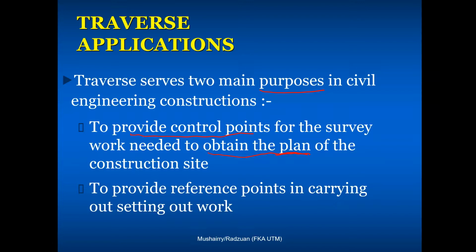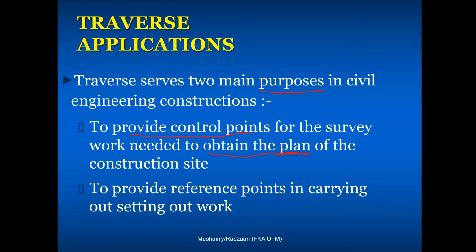So from time to time we need to produce a plan for the area where the project will take place. And before we could provide the plan, we have to provide control. So control points are needed to obtain a plan of the area.